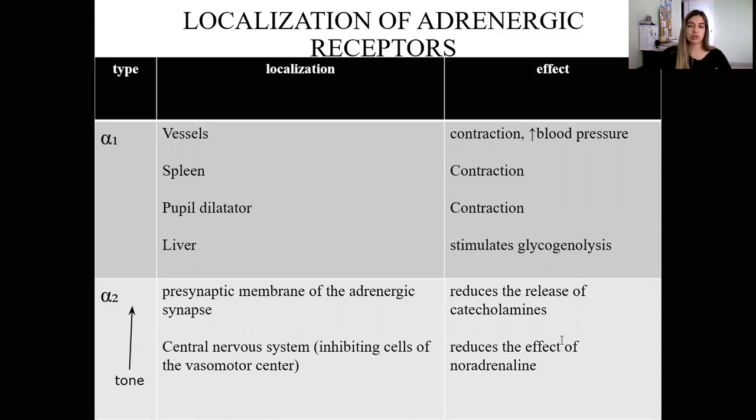But if it works on the alpha-2 receptors, or the drug directly stimulates the alpha-2 receptors, there will be no stimulating effect, and no effect on increasing the tone of the vessels. Understandable? I hope yes. Okay, next.